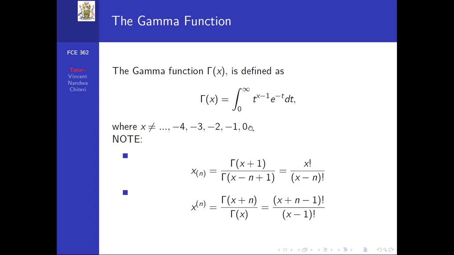So with the definitions of the falling factorial and the rising factorial, we can as well express the gamma function in terms of the falling and rising factorial using these two formulas.